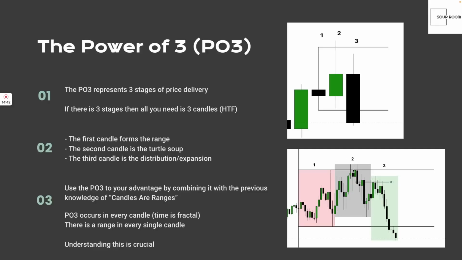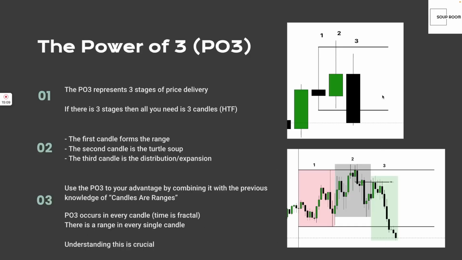Where did we manipulate? We manipulated the high of the first candle. Stage 3, candle 3. Open, high, low, and close. This is distribution. This will be where you find your quickest trades, the highest probable trades.